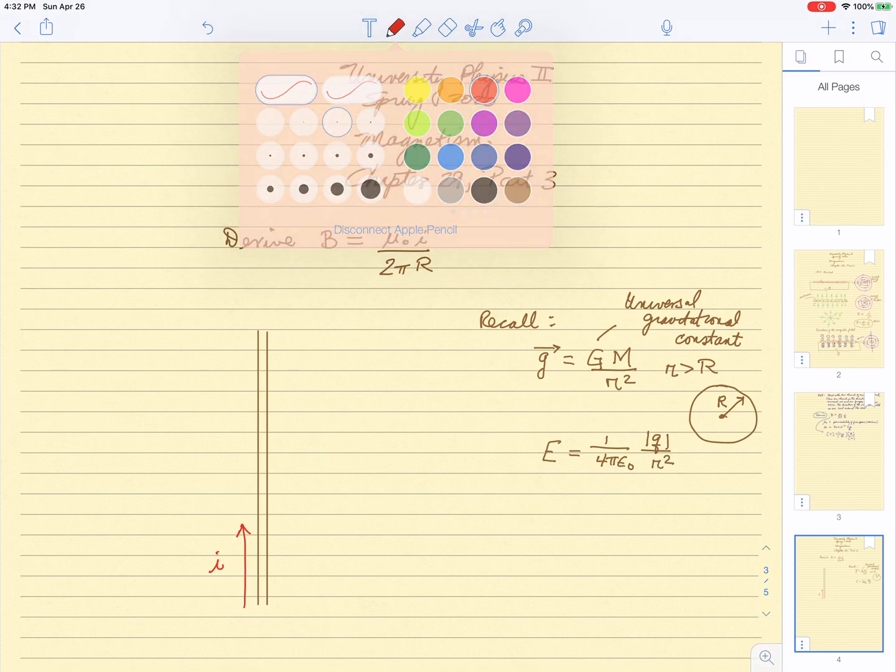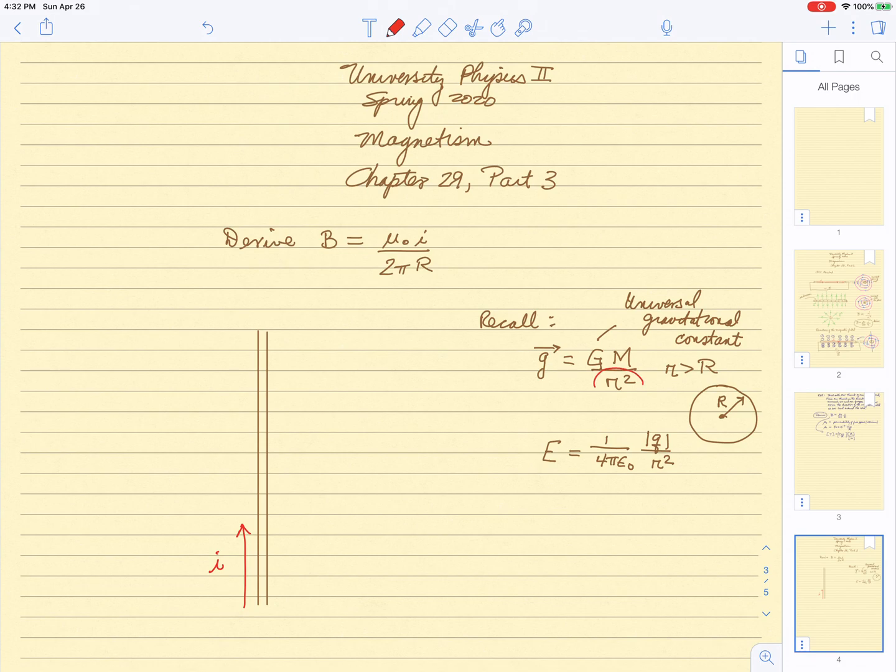So we notice now that this inverse square behavior is something that nature preserves.